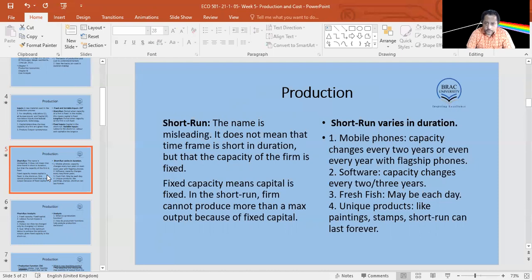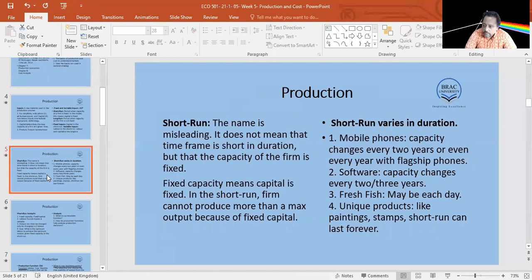You have a better camera, better memory, maybe Spotify facilities, Tidal facilities, etc. And the flagship phones of all the leading companies change flagships once every year. Whenever these changes happen, the capacity of the mobile phone has changed. So in the mobile phone industry, we'll find that the short run is valid for maybe 2 years in the non-flagship models, 1 year in the flagship models.